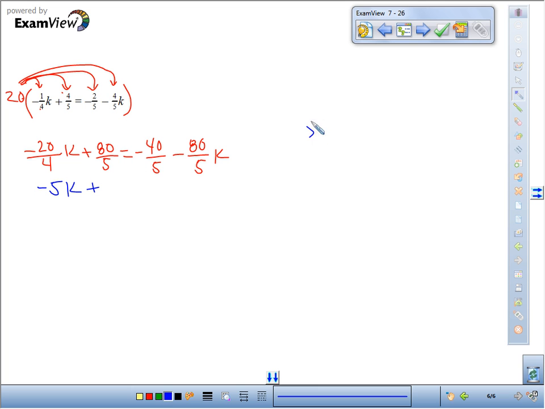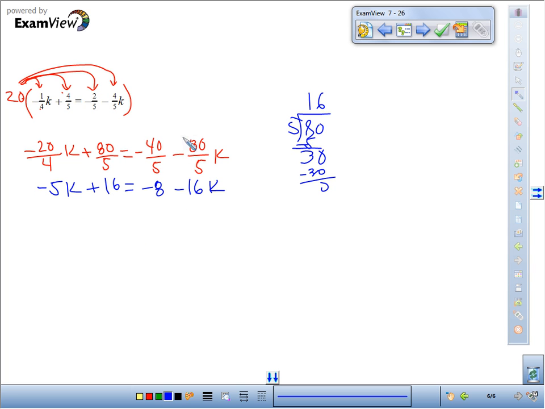I'm going to do it over here. 80 divided by 5 fits in there once. That's 5. That's 3 left over. Bring down the 0. That's 30. And we're done. So therefore it's 16. Negative 40 divided by 5 is negative 8. Minus, we already know what 80 divided by 5 is. It's 16. So it's negative 16k.